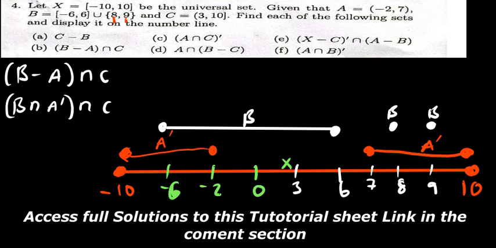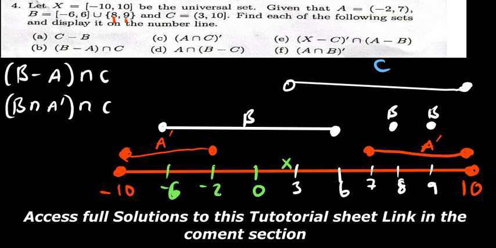Then what else? We want to intersect it again with C. C is 3 all the way to 10. So 3 not included, all the way to 10 included. So this one is interesting, guys. So that is C. You can clearly see that we want the point where B, A complement, and C are meeting. A point where all these three meet.